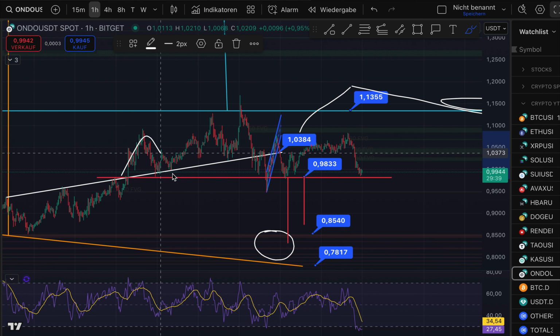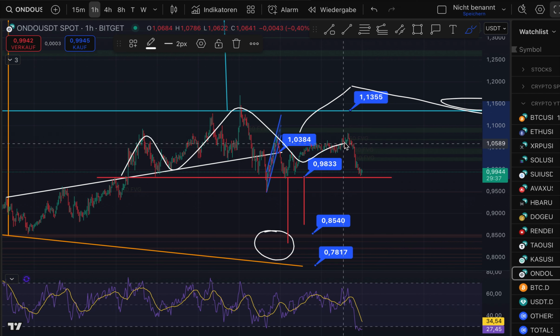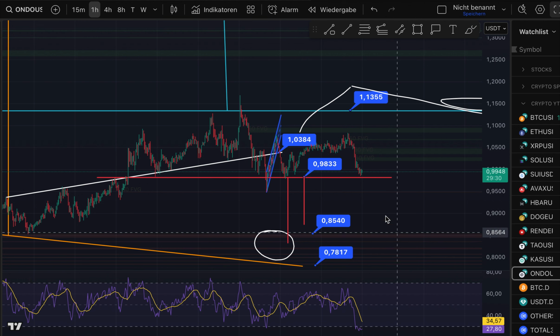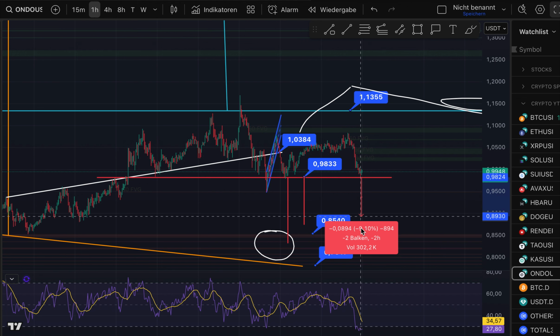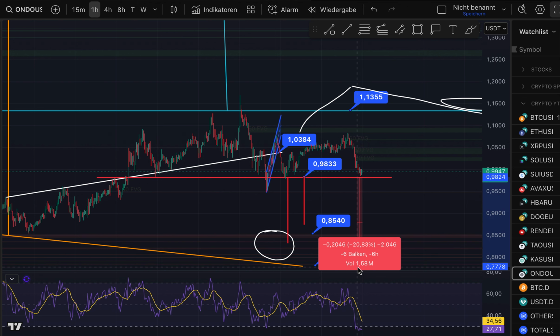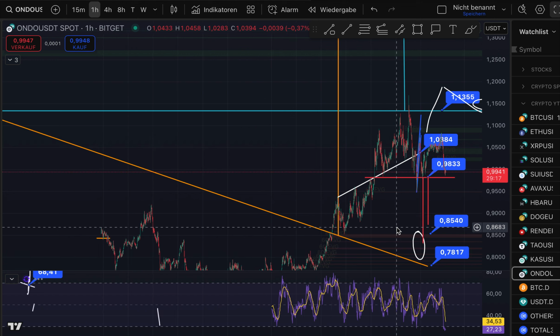Then this head and shoulders formation should get activated and we should see the area between 85 cents to 78 cents again. So ONDO is -7% right now. If we break it here to the downside, then we can get another -13%, even -20%.